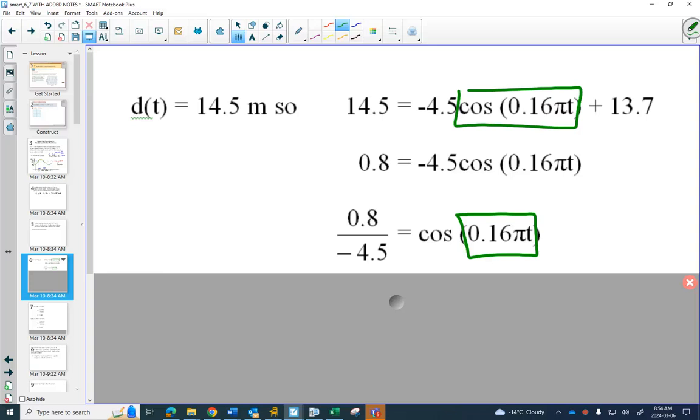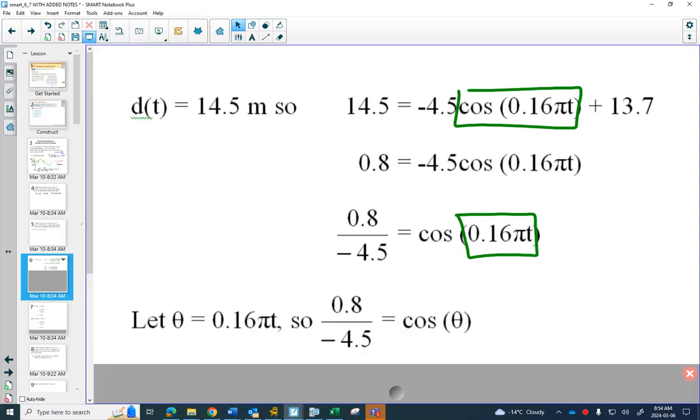So we're going to need a calculator. Also, with this value here being a little bit awkward, we can do something in math that's very strategic. If something's awkward, make it go away temporarily. And you can do that by saying, I'm going to just let theta equal all of that stuff on the inside. Okay?